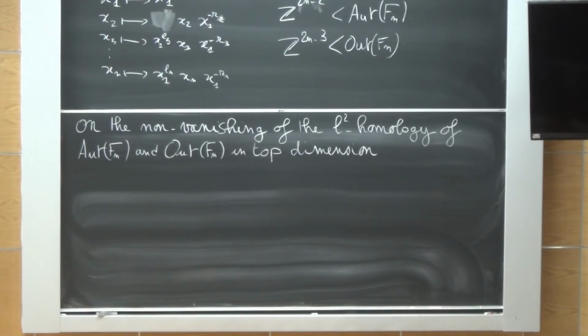Now, I will just claim that the dimension of Out(F_n) is exactly 2n minus 3.